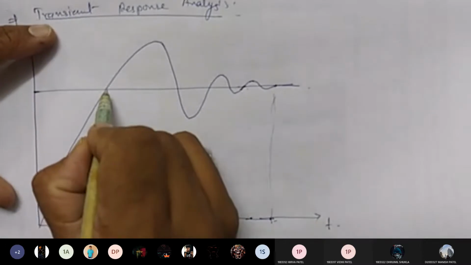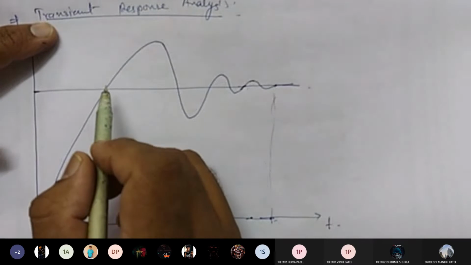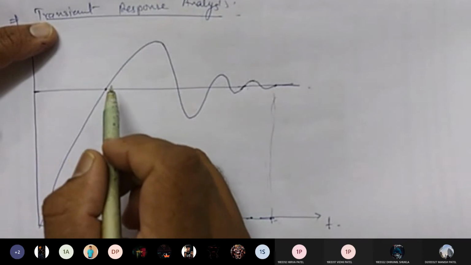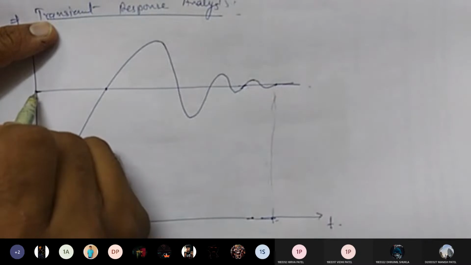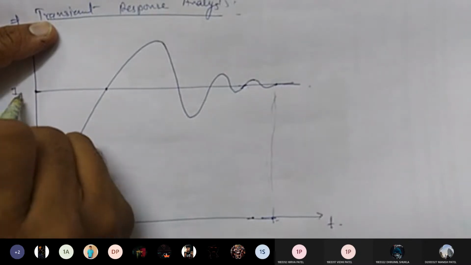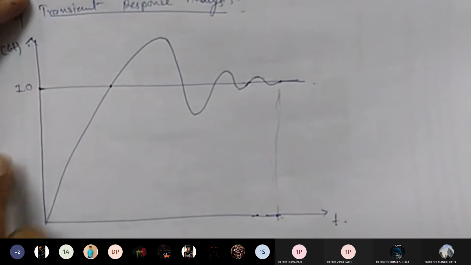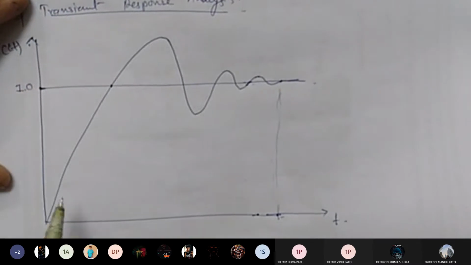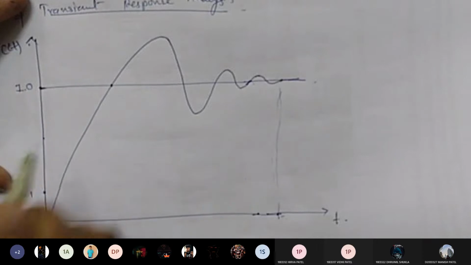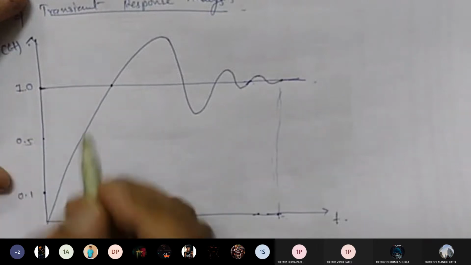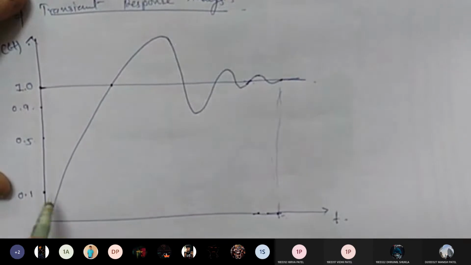There will be some timestamps. Over here it is reaching 1. Over here it is your reference input, so it will be 1.0, or 100% if I say it in terms of percentage.